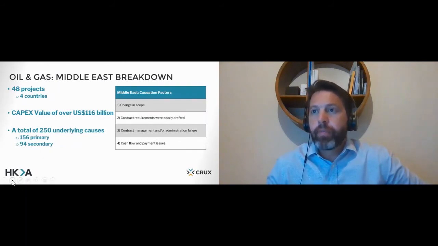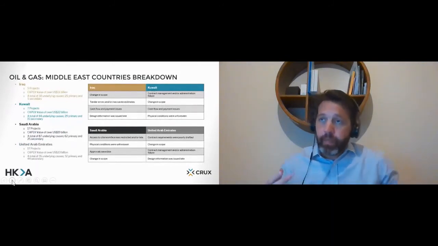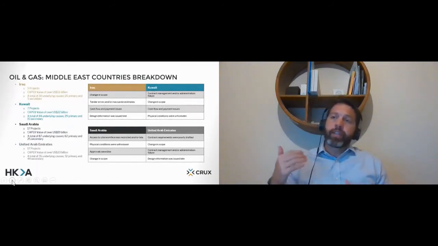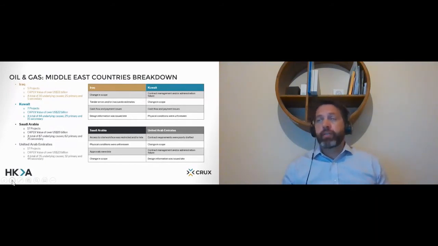Moving on, if I break it down a stage further, what I've done is I've actually broken the data down into certain countries. And the reason I wanted to show you this is, if, for example, you're a contractor or an operator looking to enter the market in Iraq, there are certain causations that we see in Iraq, but then if you're going to the UAE, it's different.